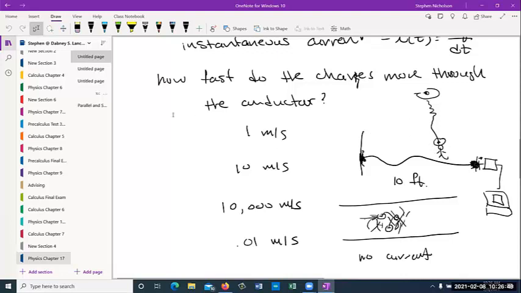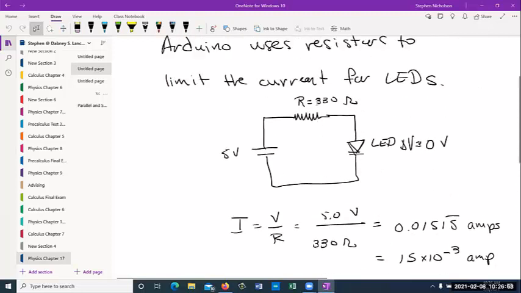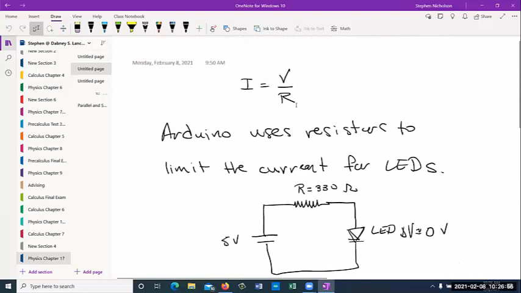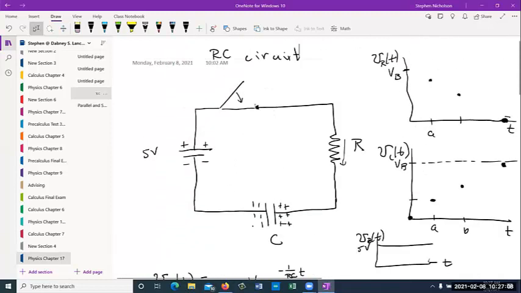Okay, so anyway, we talked about current, then we talked about Ohm's law, which related current to voltage and resistance. Resistors follow Ohm's law, but things like diodes do not follow Ohm's law. Then we talked about this RC circuit, which is a transient. The capacitor starts off uncharged.